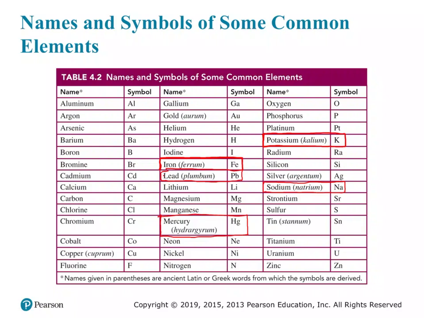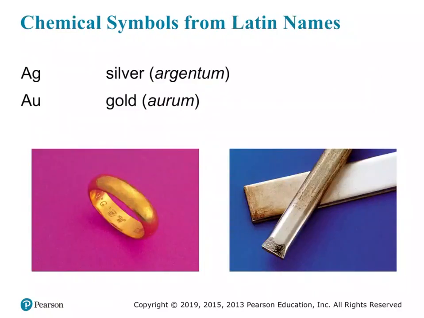Right, so the key point here is that sometimes the symbols don't match up with the name, which is why sometimes you just have to memorize them. Now, another key example is silver and gold. So silver has the symbol Ag, which is argentum, its original name.